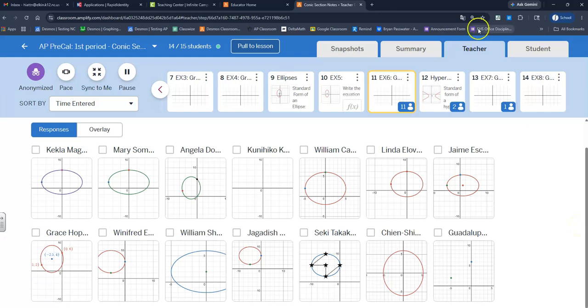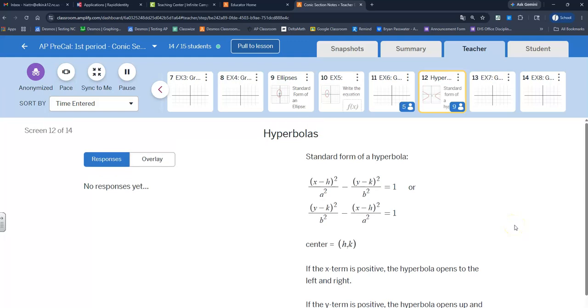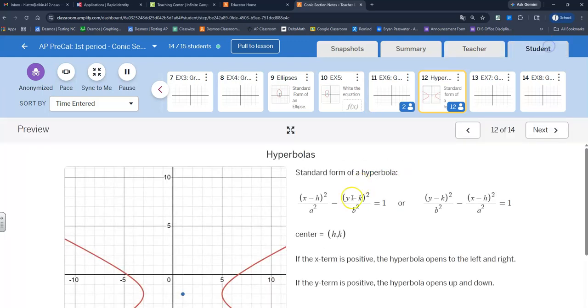All right, we've got one more to look at, and then we are going to look at what we'll do for our project. So this is a hyperbola. Now, look at this original, this top one right here. What is the only difference that you see between that first equation and an ellipse?